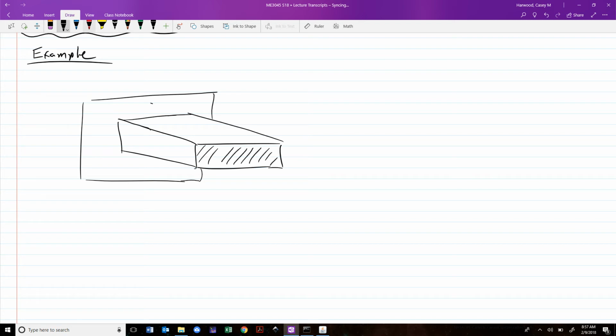We'll say the thing is 5 centimeters across, 5 millimeters thick, and 30 centimeters long.